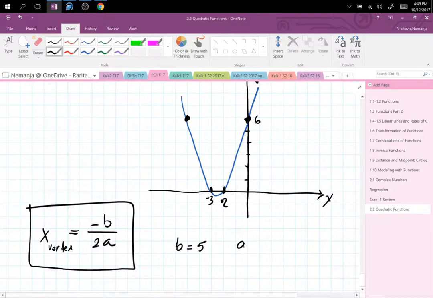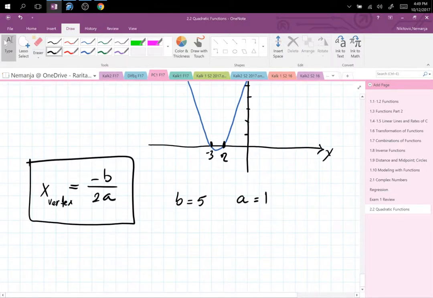And how much is a in the problem? 1. So what do I get for the vertex? Come on, just plug in. -5/2, right? Which is -2.5. It has to work out.